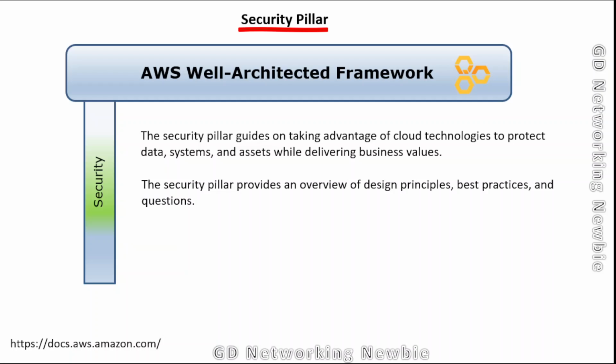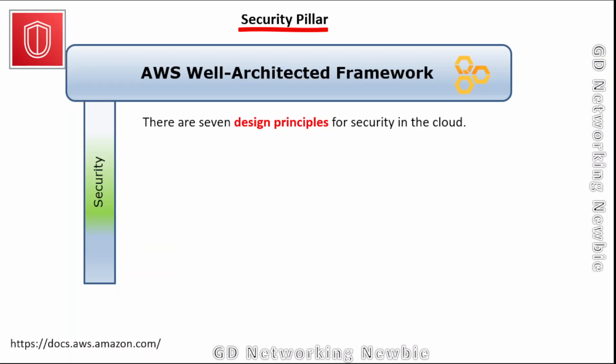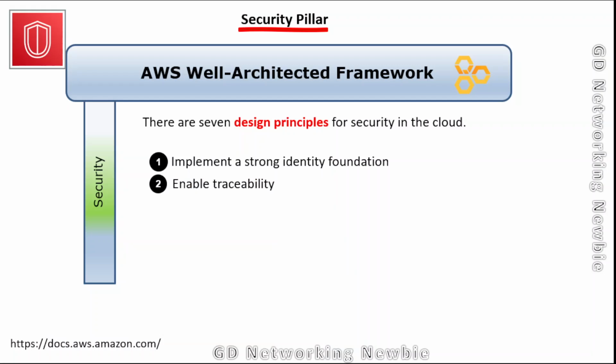And this pillar provides an overview of design principles, best practices, and foundational questions. There are actually 7 design principles for security in the cloud which are covered by the security pillar. And these 7 design principles are as follows. First one is implement a strong identity foundation. Second is enable traceability.